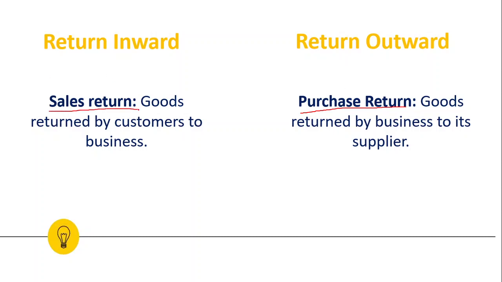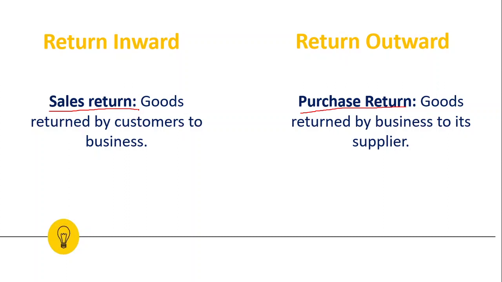That means you have sold the goods previously, but those goods are returned by the customers. That is known as return inward. The goods are coming back in the business, so that's why we are calling it return inward. When you are returning the goods to the supplier, that is return outward. When you are receiving back the goods from customers, it's return inward.